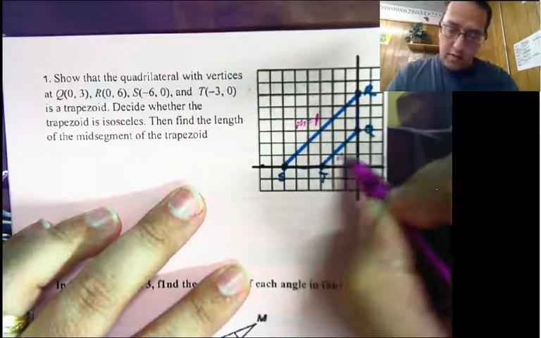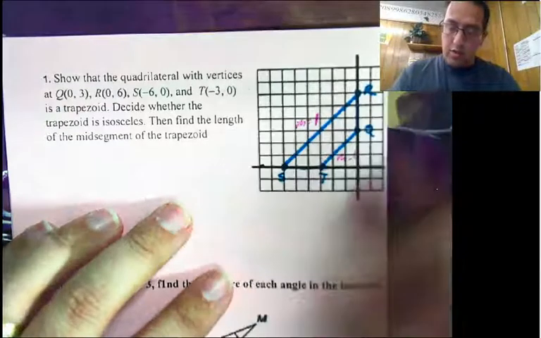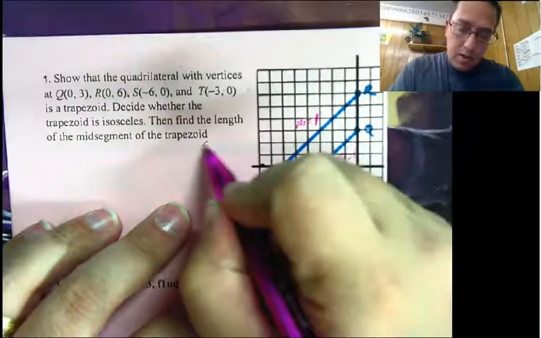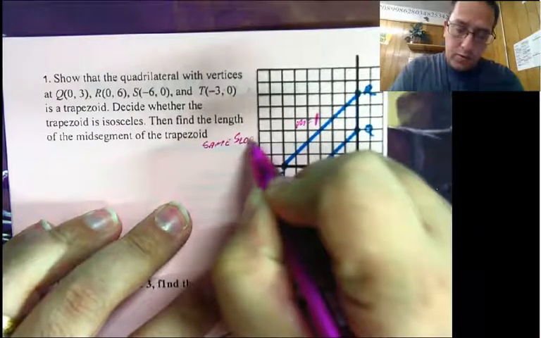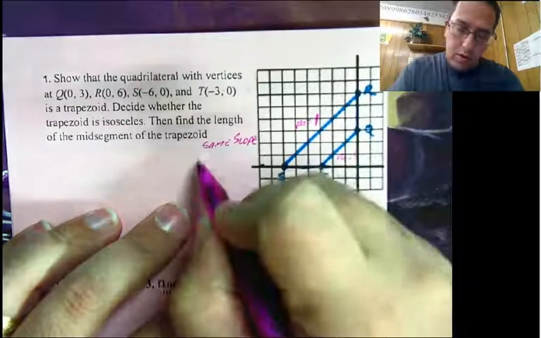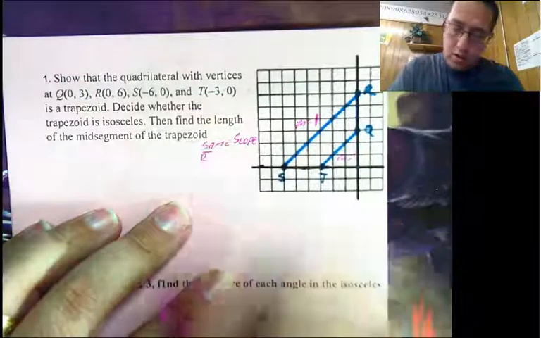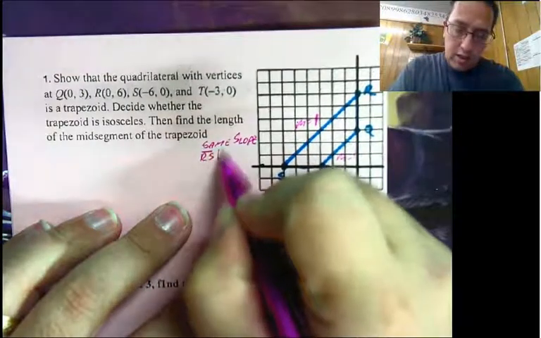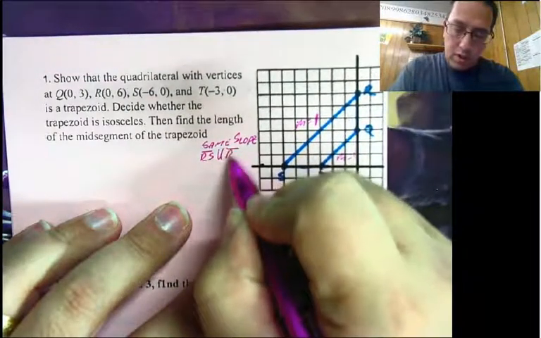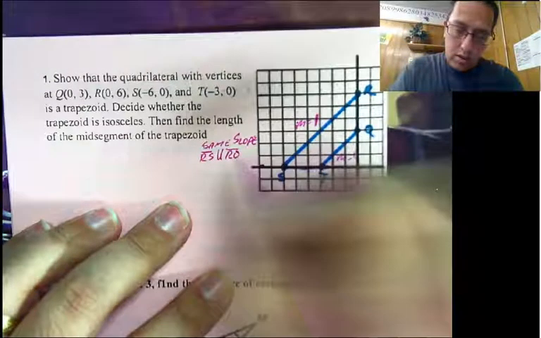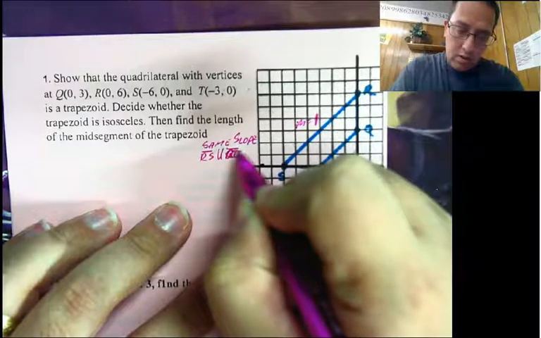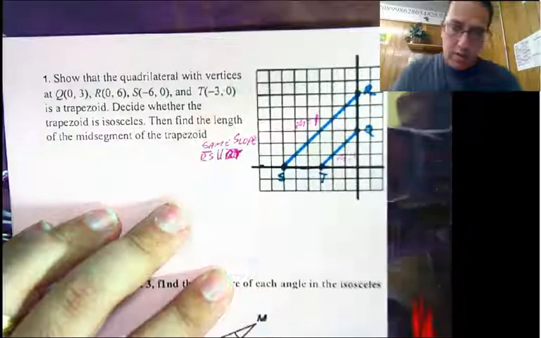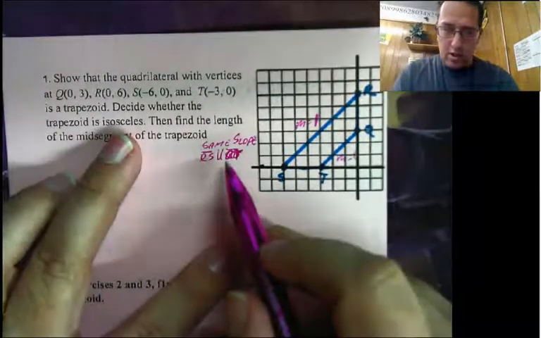So here we have a slope equal to 1. So they have the same slope, and therefore segment RS is parallel to segment QT.